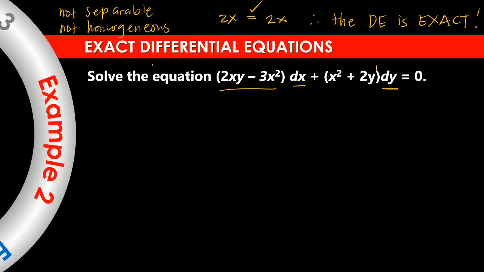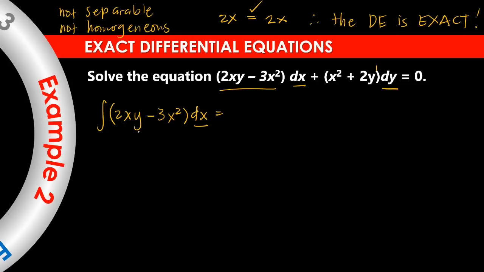Yes. Again, example siya for exact DE. But we are, of course, imagining a situation just like in the examination, kung saan hindi naman naka-specify kung exact ba, homogeneous or separable ang DE. So, ganun ang ginagawa. Ngayon, alam na natin na exact siya. Anong sunod na gagawin? I-integrate the integral of (2xy minus 3x squared) dx. So, here, our variable is x because we have the differential of x.